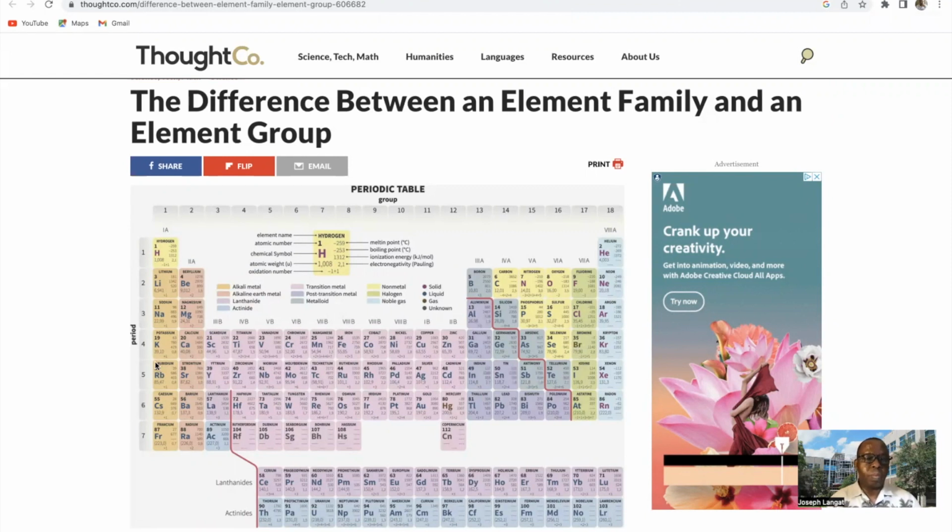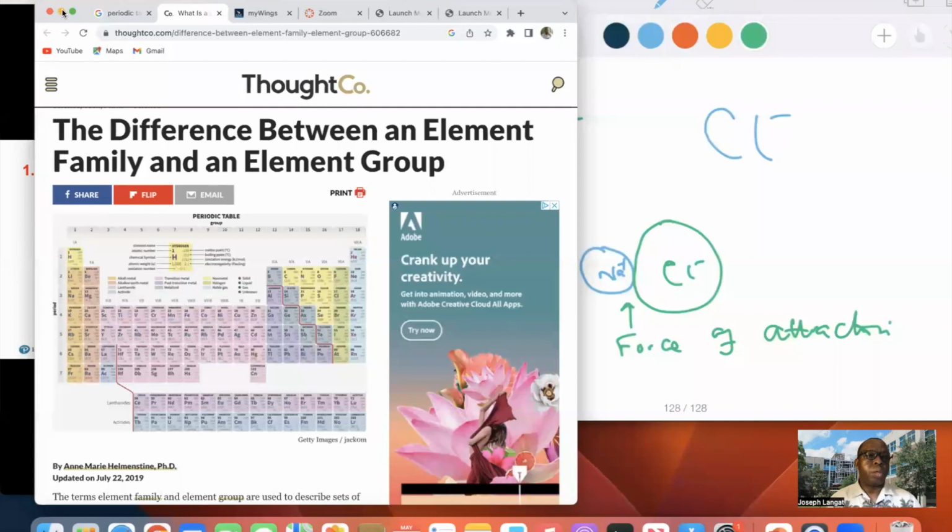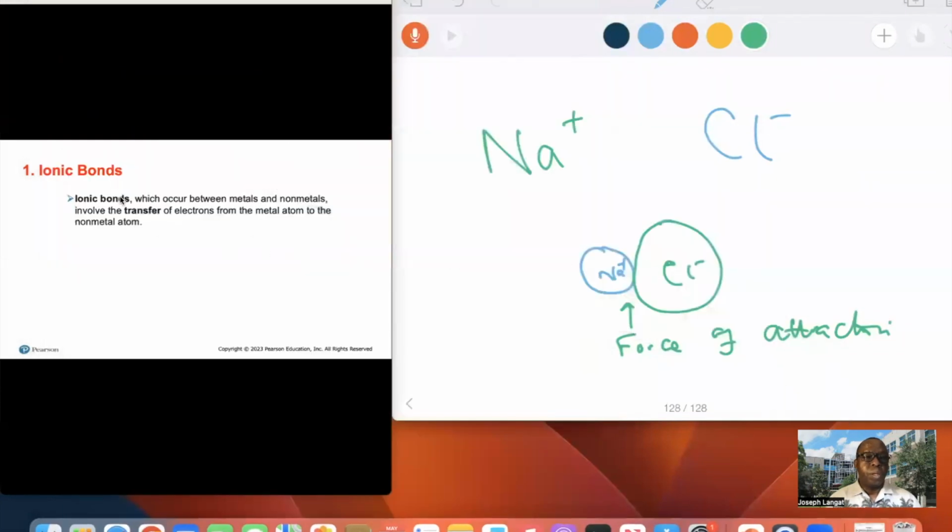Bromide ion, or maybe between K and Cl. This is a metal, and this is a non-metal. Anything on this region, except hydrogen, is a non-metal. So when we talk about a metal and a non-metal, you should know where they reside.